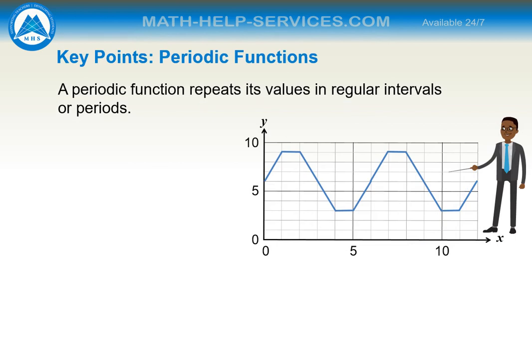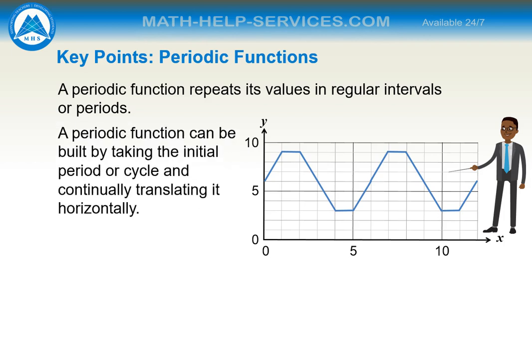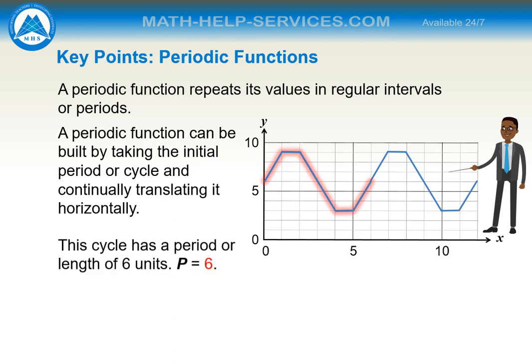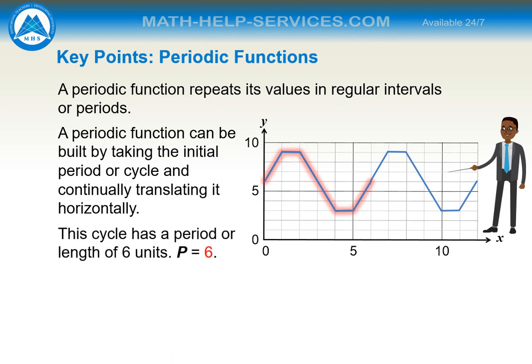Let's start with periodic functions. A periodic function repeats its values in regular intervals or periods. A periodic function can be built by taking the initial period or cycle and continually translating it horizontally. This cycle has a period or length of 6 units, or p equals 6.